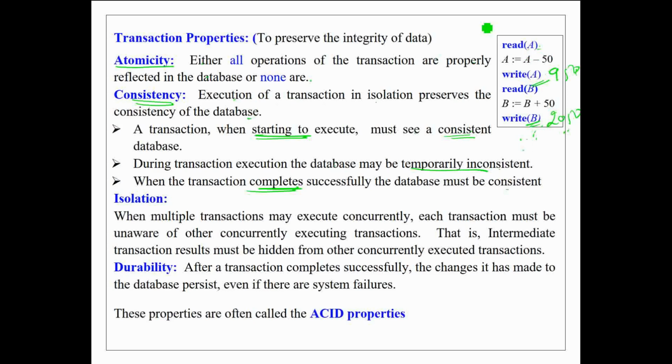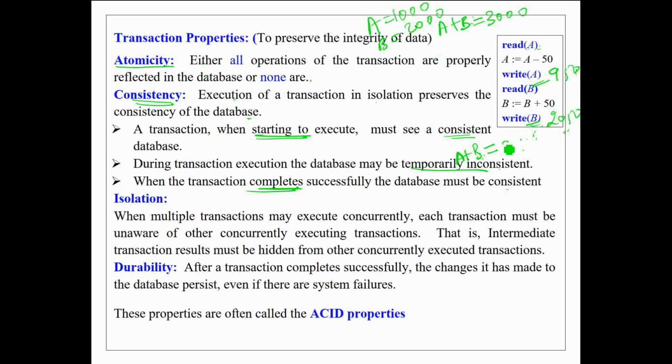In this example, the consistency constraint defined is that the addition of A and B before the starting of the transaction and after the completion of the transaction both need to be the same. Since we assumed that the initial values of A and B are 1000 and 2000, before the starting of the transaction, its addition value is 3000.